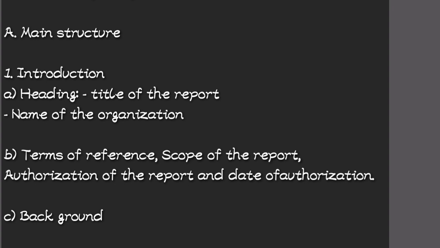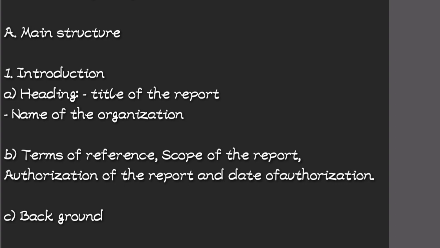Introduction, first of all, has the heading, which is the title of the report. Then it has the name of the organization, then the terms of reference, then the scope of the report, like what is included and what has been considered in the report, authorization of the report, and the date of authorization.